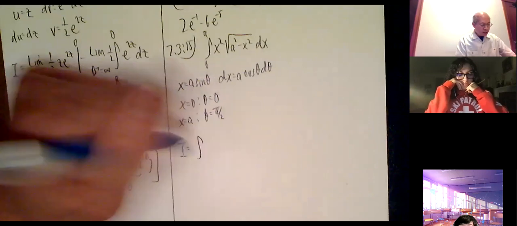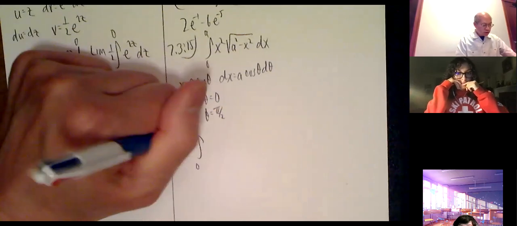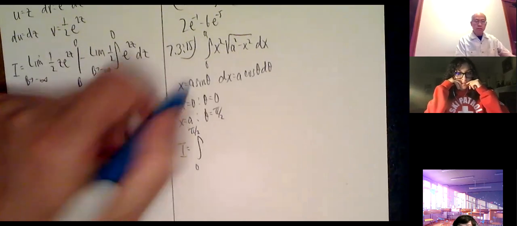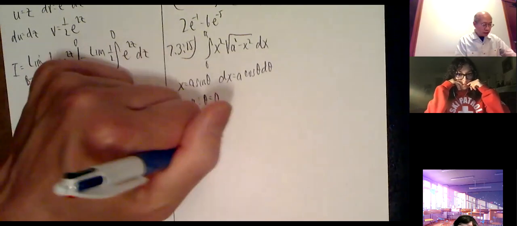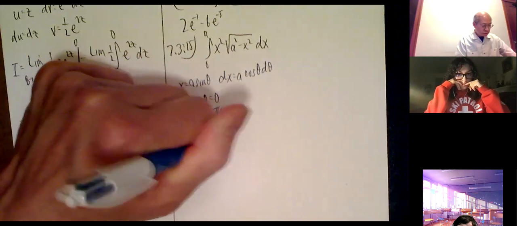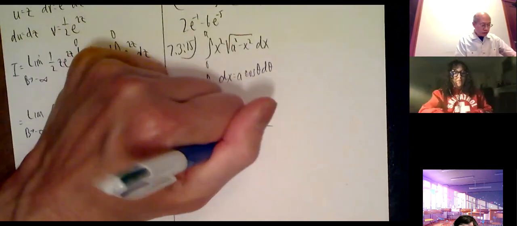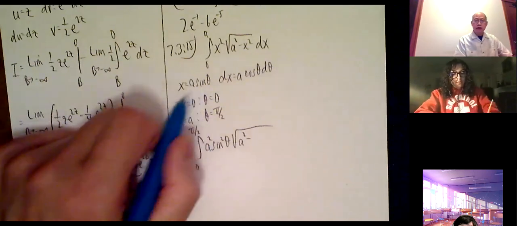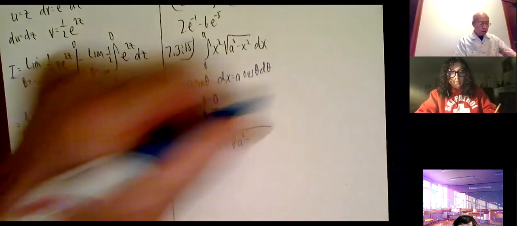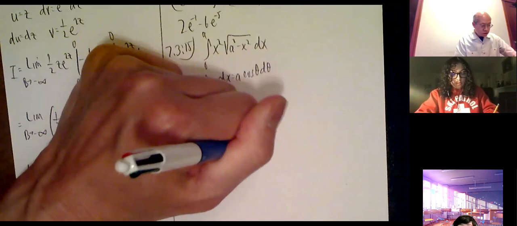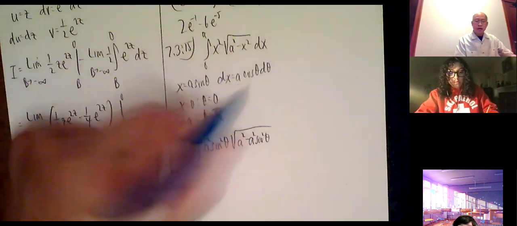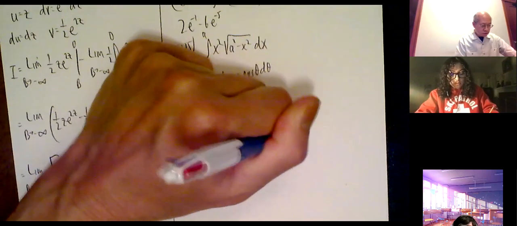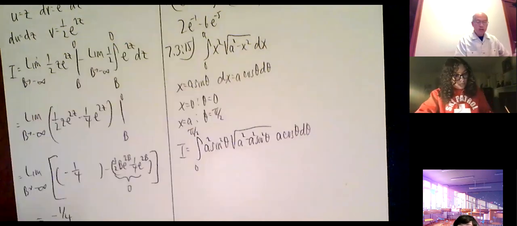All right, so I is the integral from 0 to pi over 2 of x squared, that is a squared sine squared theta, right? Radical a squared minus x squared, times dx. dx is a cosine theta d theta.